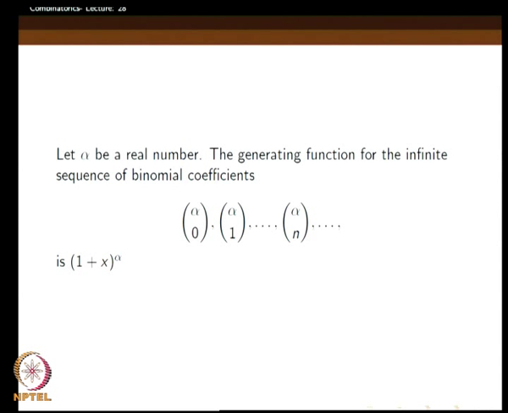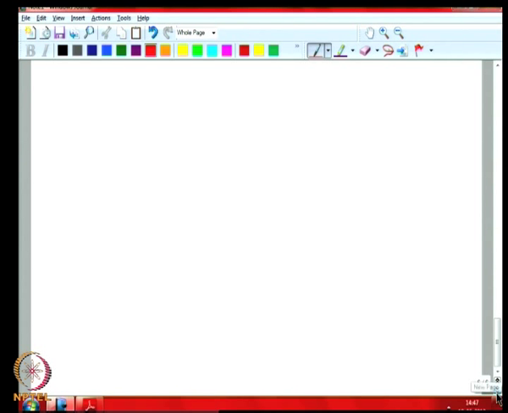So next we have seen some special cases. We will see a somewhat more general generating function, what about 1 plus x raised to alpha, right.